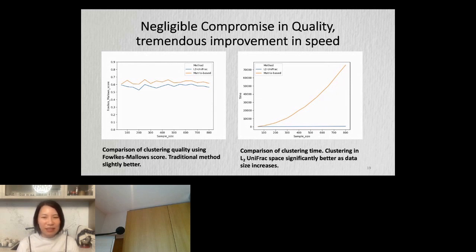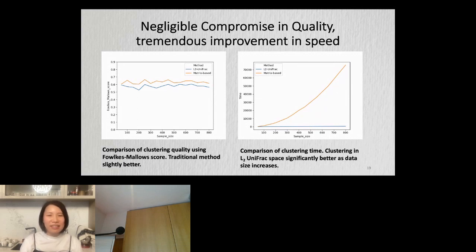It's expected because in the original method, each sample is aggregated n times, but in our method, you only do it once. So it's much faster, and the decrease in quality I believe is insignificant. This provides an alternative way if we want a clustering result in a very short amount of time and can tolerate a little sacrificed quality.